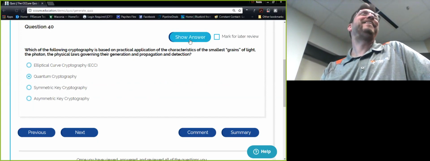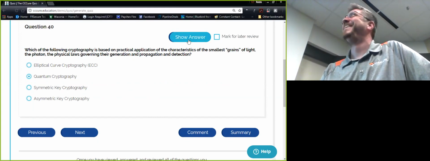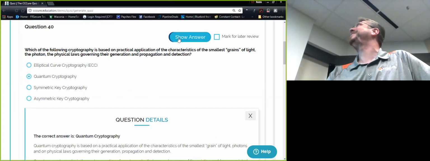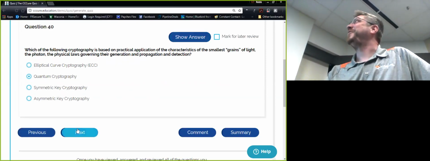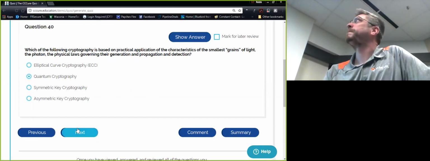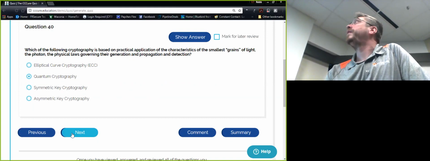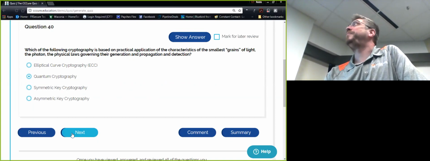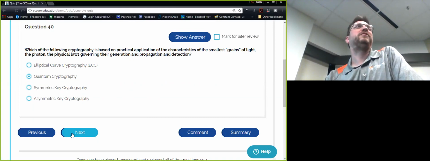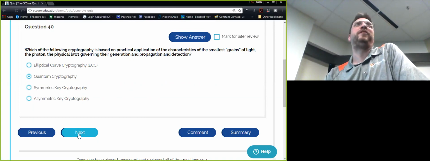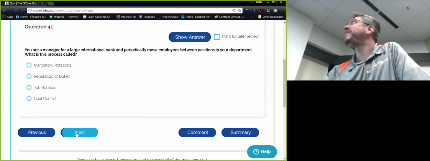Quantum is based on photons. There you go. So a lot of this, the photon is what it's based off of. So yeah, so much of this is just memorization of the stuff.